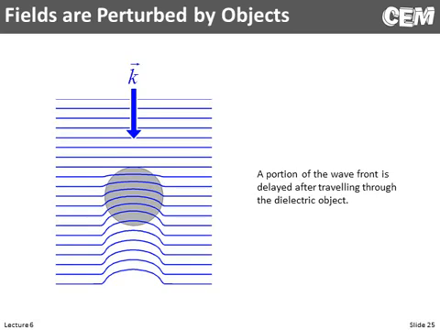When a wave enters some kind of material, it slows down. So it makes sense that the wavefront on the other side will be perturbed a little bit. The part that passed through this dielectric circle is behind. It's behind in phase. It's also called being retarded. But the point is that it's been perturbed by that object. And notice it kind of has the shape of that object.